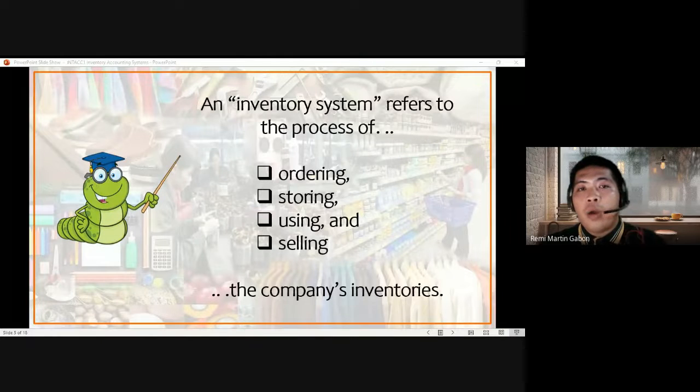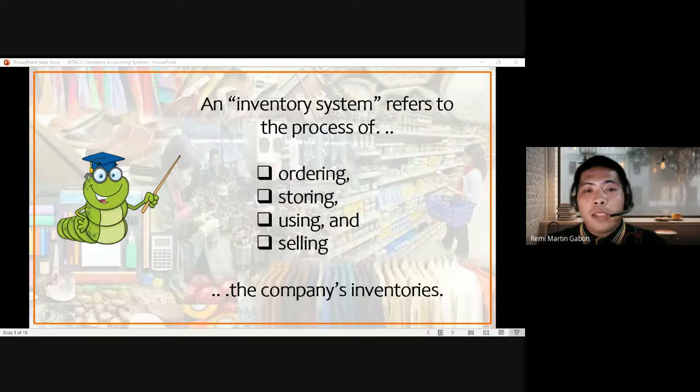So how the company purchases will refer to the order, then the storing and using of the inventories on how the inventories are utilized for business, then how the inventories are being sold. Like how does the company account for the sale of those inventories?